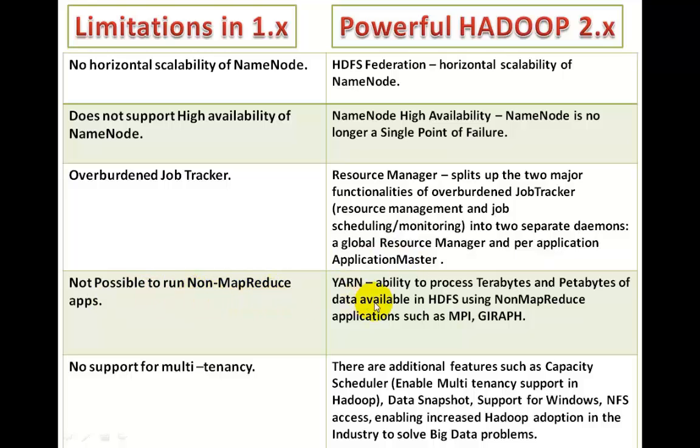While in YARN, as told above also, it supports non-MapReduce applications also, such as Giraph, Spark, MPI. In 1.x, there was no support for multi-tenancy. One task tracker can handle only one process. While in Hadoop 2.x, the task tracker can handle multiple processes according to its scheduler, according to its capacity.